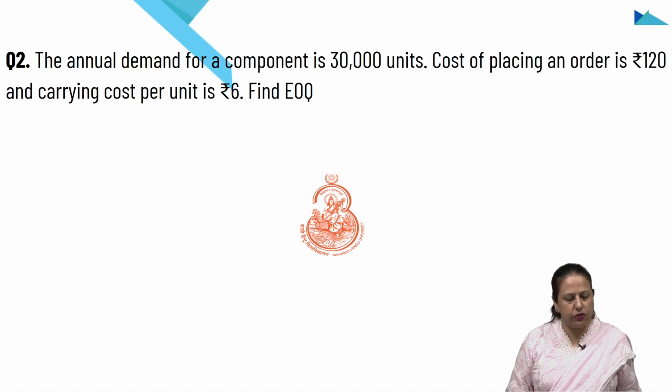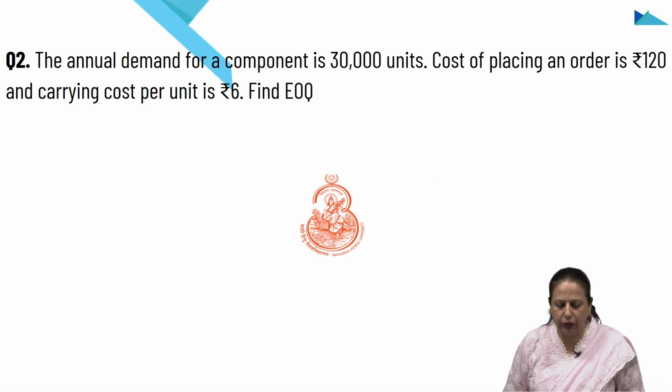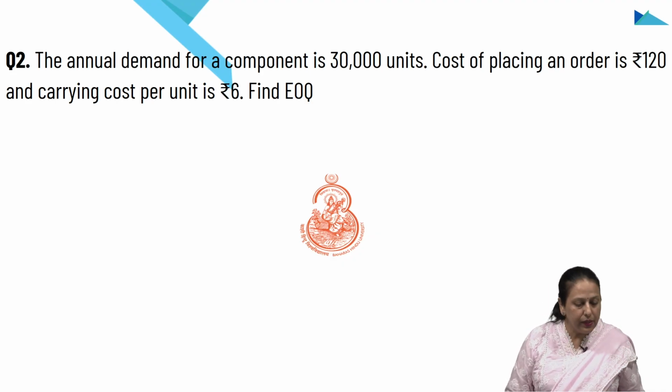Moving to the next question, again we have a demand of 30,000 units, cost of placing an order is 120 and carrying cost is rupees 6.